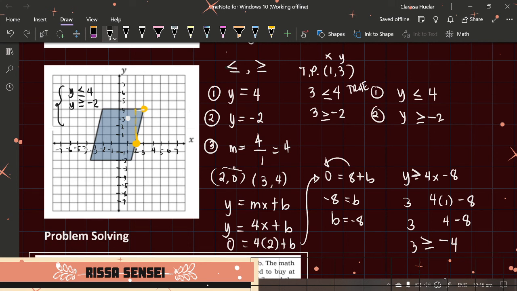So, I will give plus 2 on summative test number 1. Okay? Ayan. Tignan natin kung ano yung magiging answer nyo. Tignan natin kung nanood talaga kayo. Diba? So, may plus 2 sa summative test. Okay, ayan. So, ang kailangan na lang natin ay yung inequality nitong borderline.